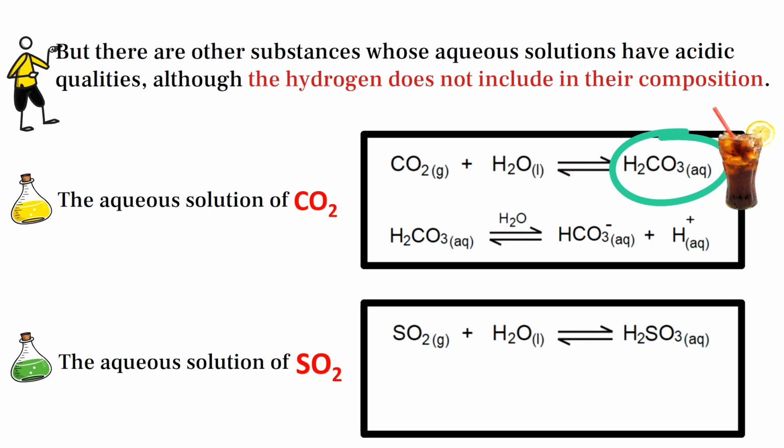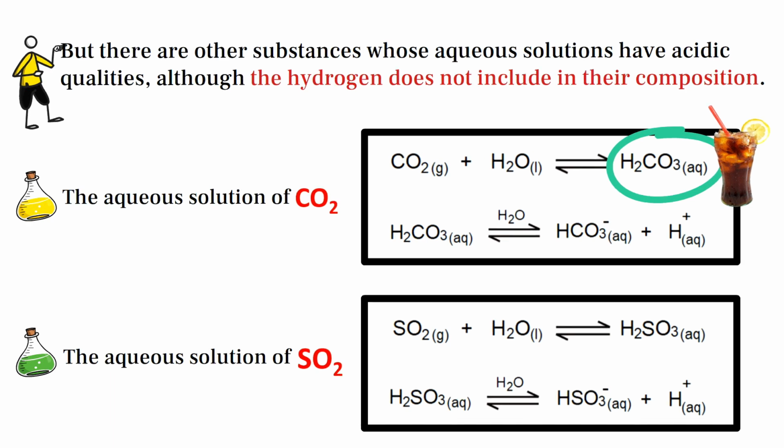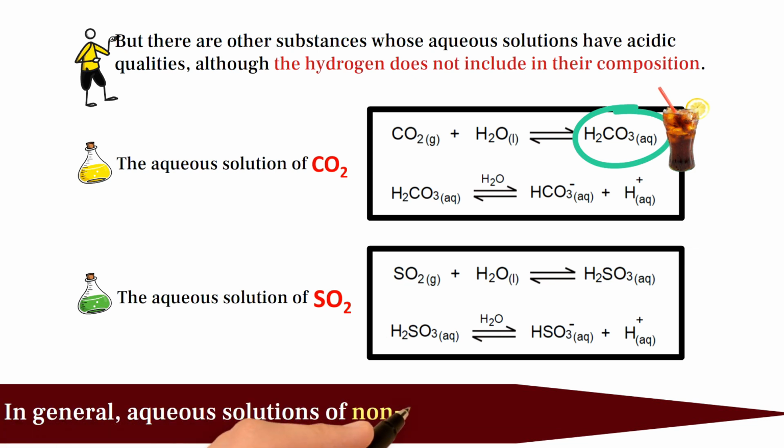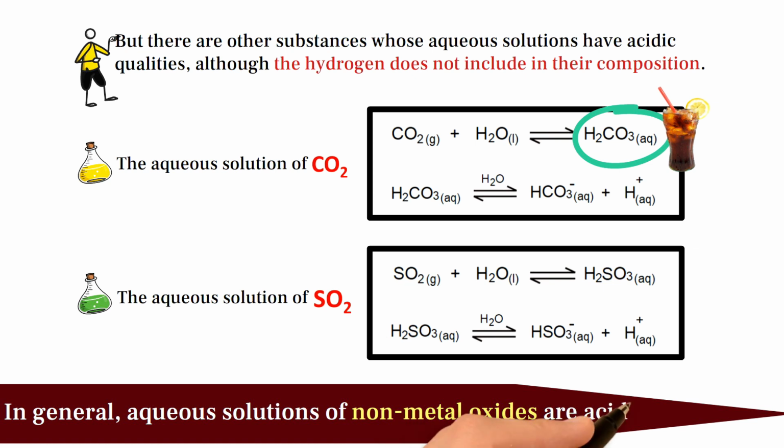As for SO2 gas, it reacts with water, producing H2SO3 acid, which is ionized in water, producing H+ and HSO3- ions. So, in general, aqueous solutions of nonmetal oxides are acidic.